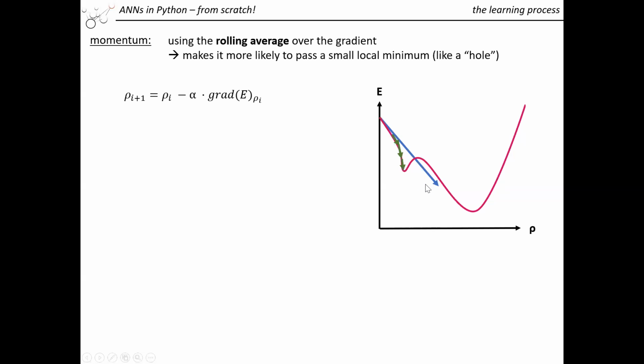But we don't want to calculate the average of the entire gradient throughout the iterations, because then we would just get a function that looks like this and wouldn't help. So we only want to calculate the average of the gradient of the current iteration and maybe a few previous iterations, so that we get the gradient of this.